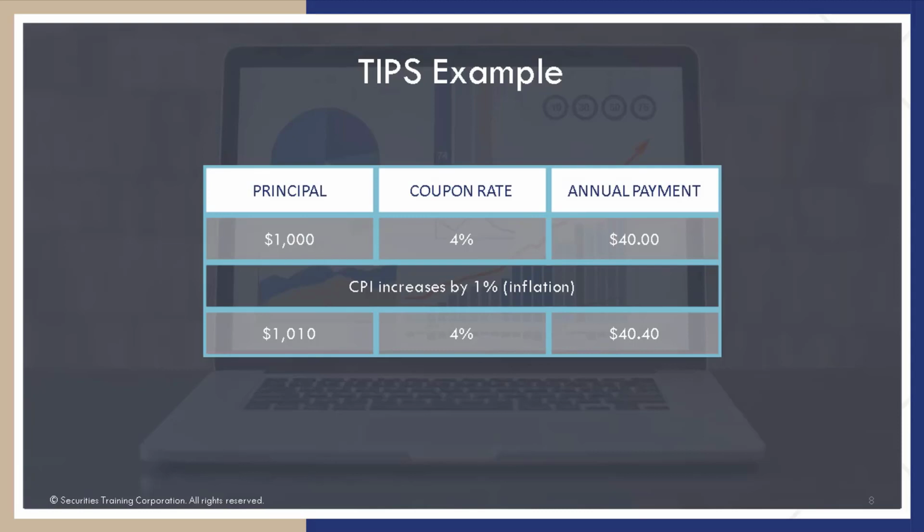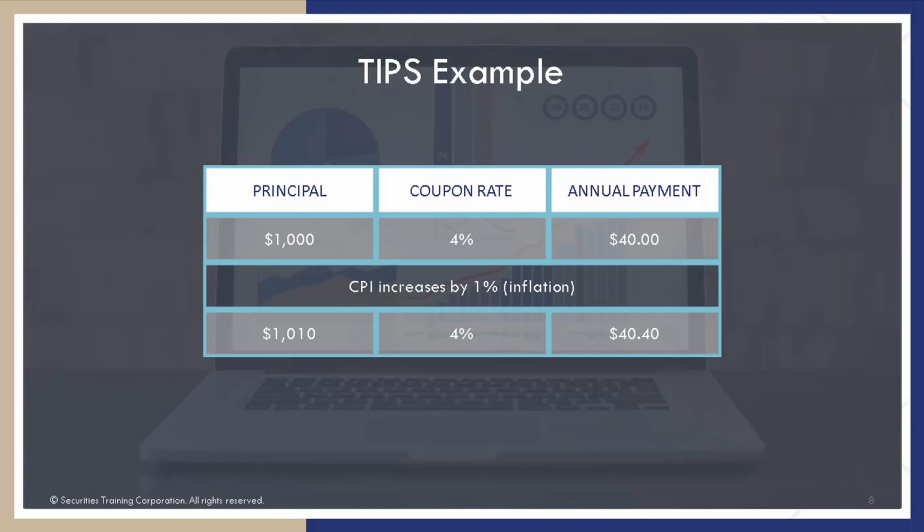So let's say that inflation increased at 1%. So your annual adjustment would be roughly $10, 1% of $1,000. So your principal would become $1,010. Notice the coupon rate doesn't change, it's still 4%, but 4% of $1,010 is $40.40. So notice your annual payment does actually go up.